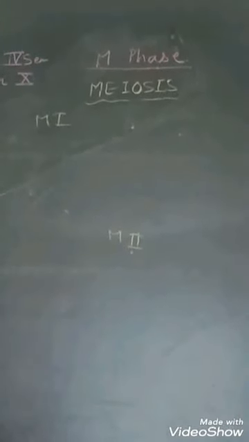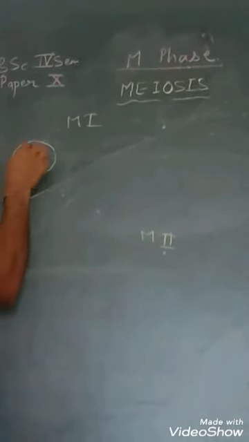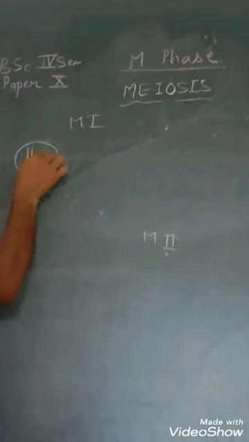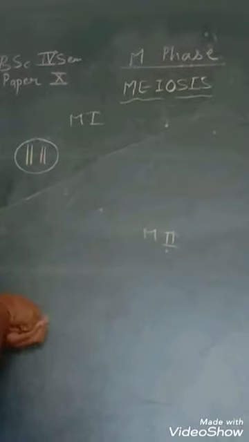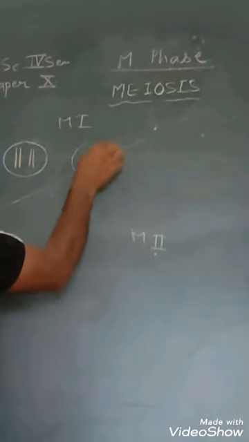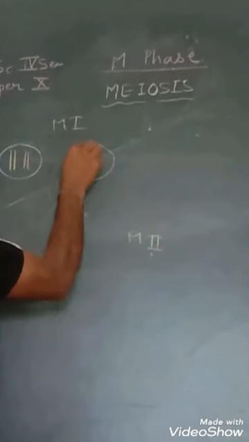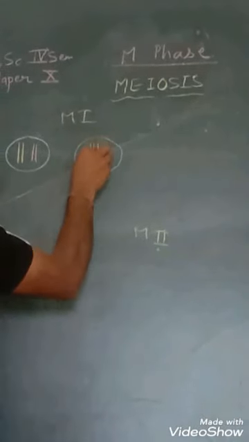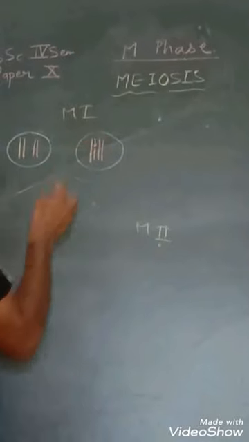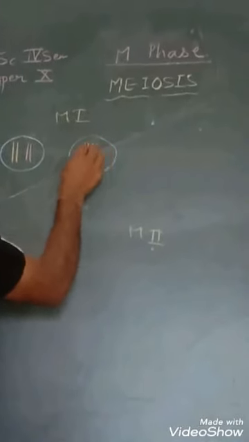Meiosis 1, where, when you consider two chromosomes, they came together and pair with each other, there was formation of a synaptonemal complex, and exchange of genetic material took place between them, sharing a very small segment of chromosome.